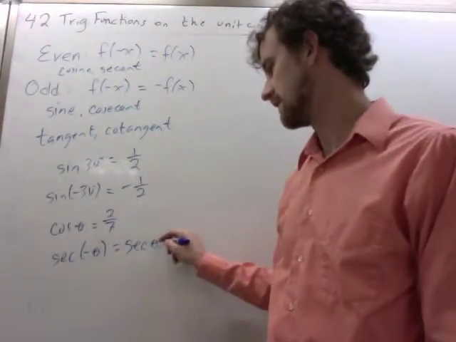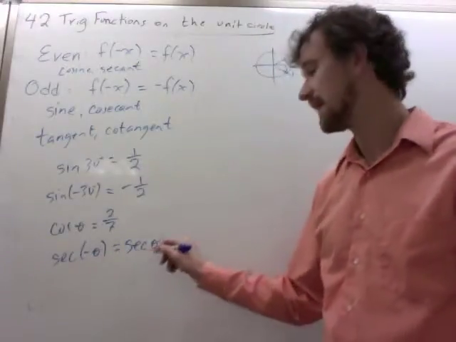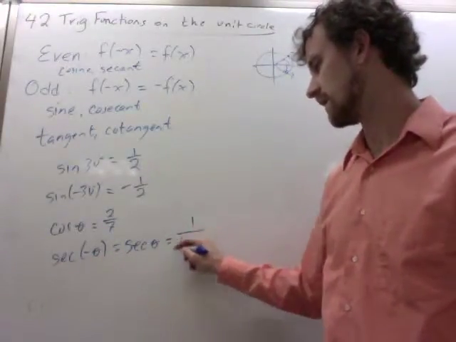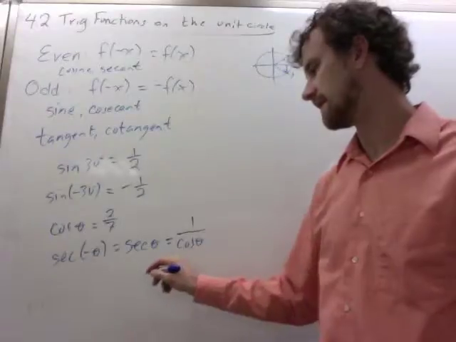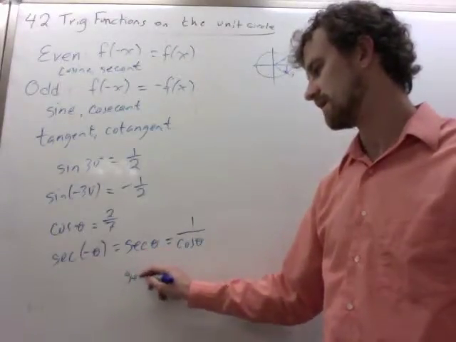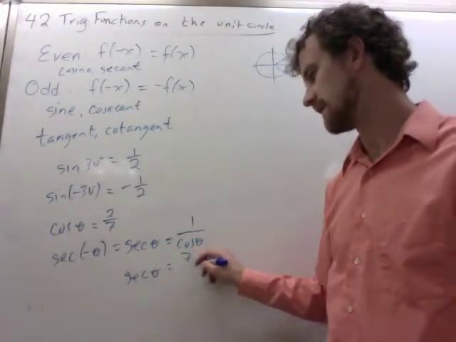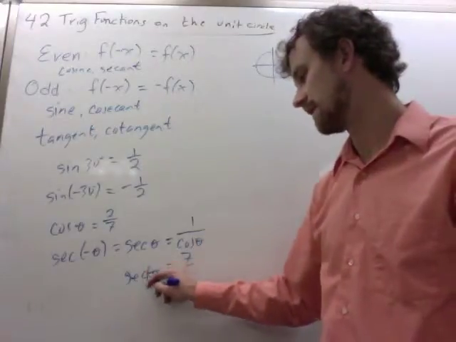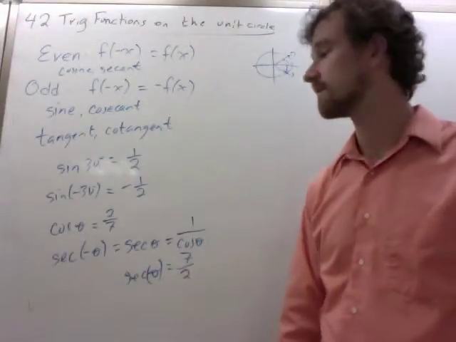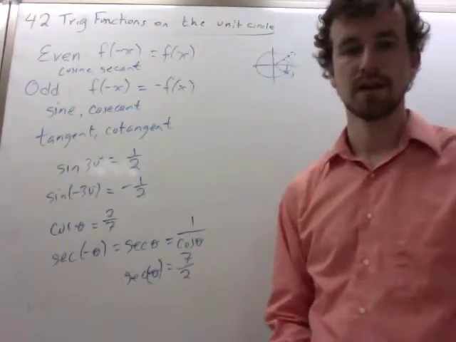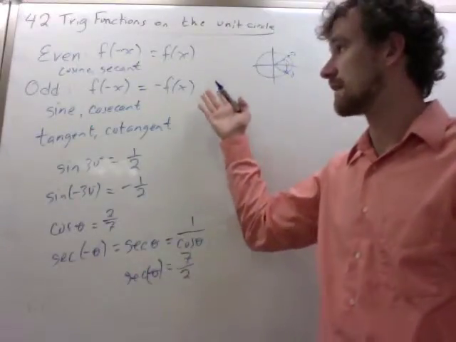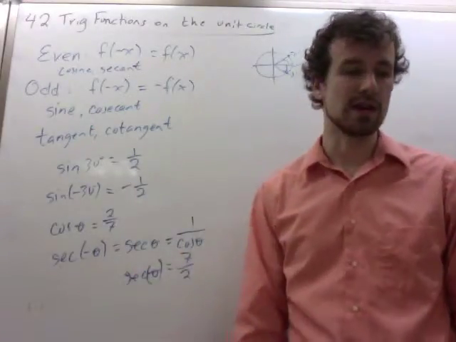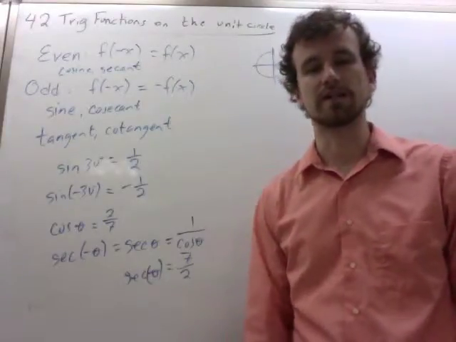So that's the same thing as secant of theta. And secant is 1 over cosine theta. Therefore, the secant of negative theta is just the reciprocal of the cosine of positive theta. So we can use what we know about functions being even and odd to evaluate functions of negative angles.